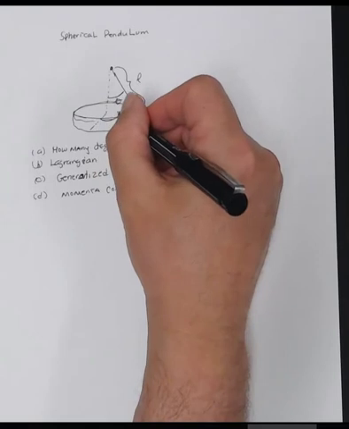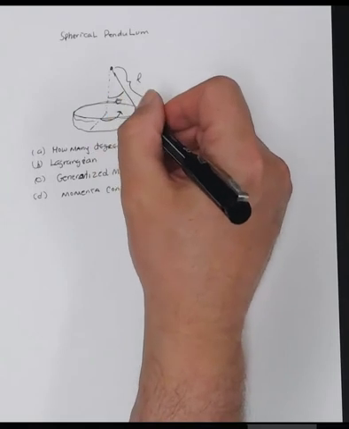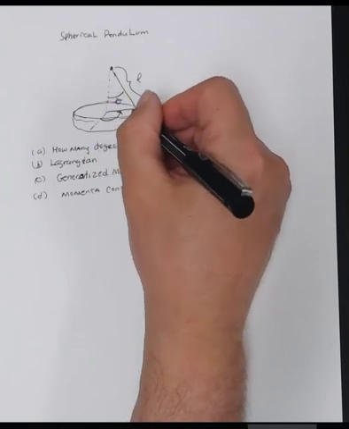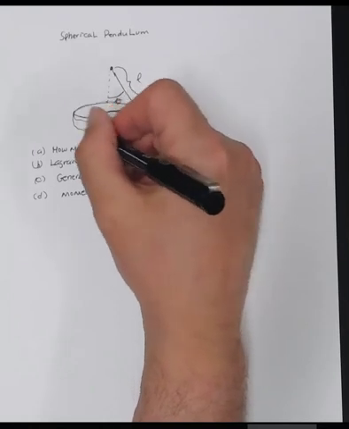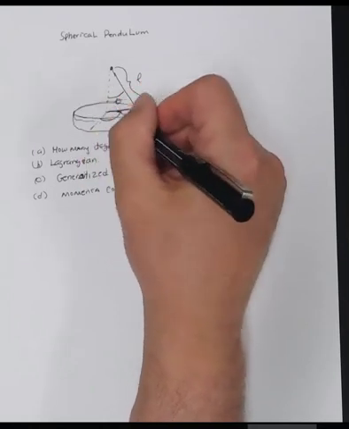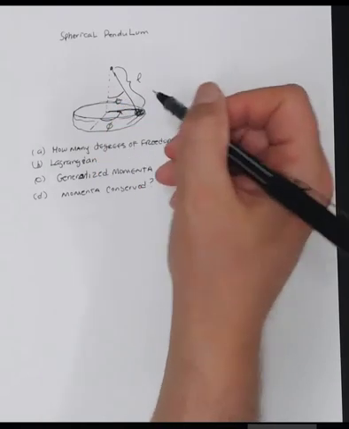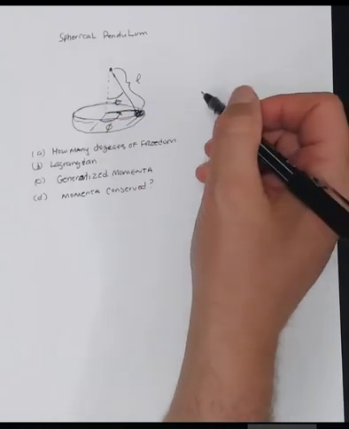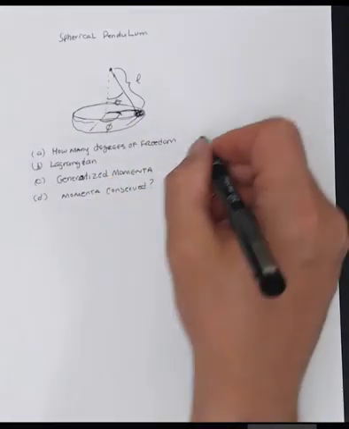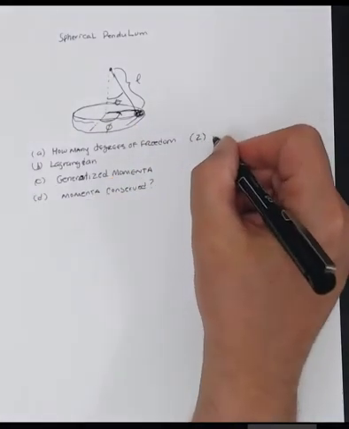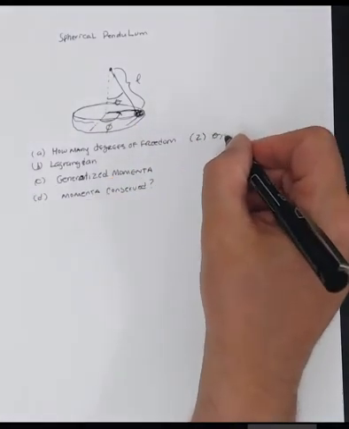There's some angle this way, that if I draw a line straight out to the mass here, there's an orientation in this direction, I'll call phi. So, as far as I can see, there are 2 degrees of freedom, and I'm going to call them theta and phi.